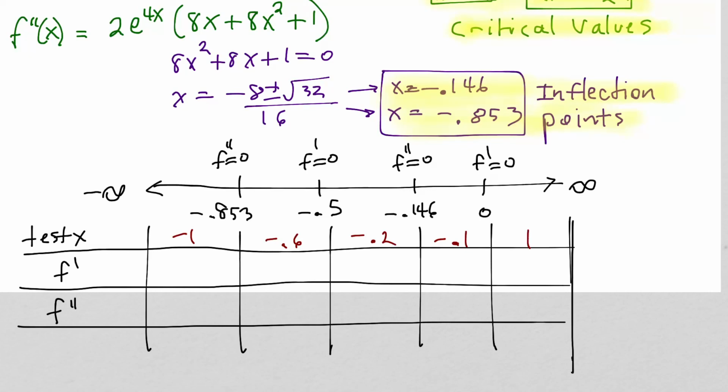And I sub in my test x values into my first derivative. I get positive, positive, negative, negative, positive. Subbing my test x's into my second derivative, I get positive, minus, negative, well, plus, and plus. All right, so now I'm ready to construct my graph.